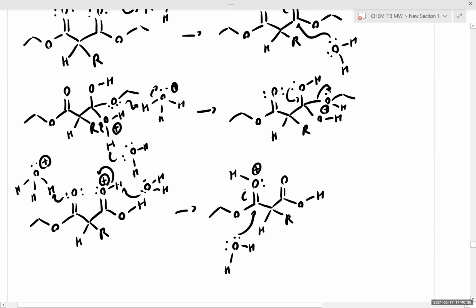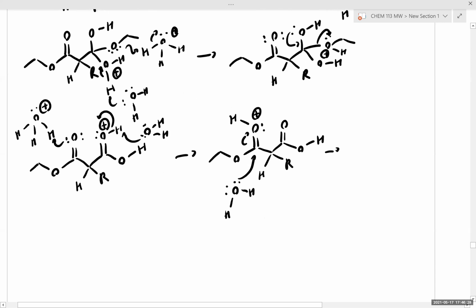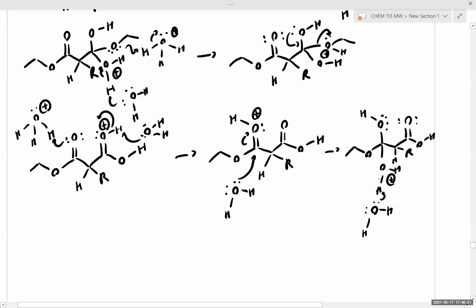So water attacks, we make a tetrahedral intermediate. Again, to activate our leaving group, we're going to protonate our ester alcohol and free up a lone pair on our oxygen that came from water.